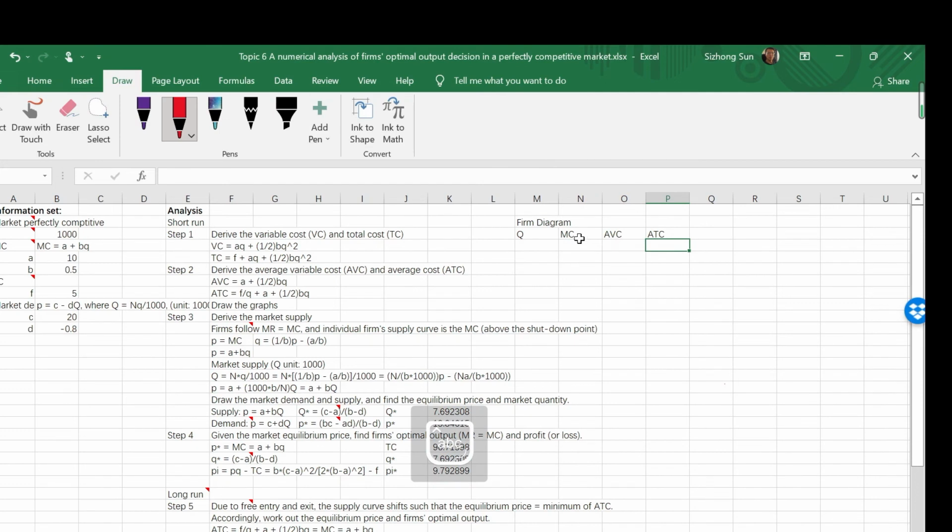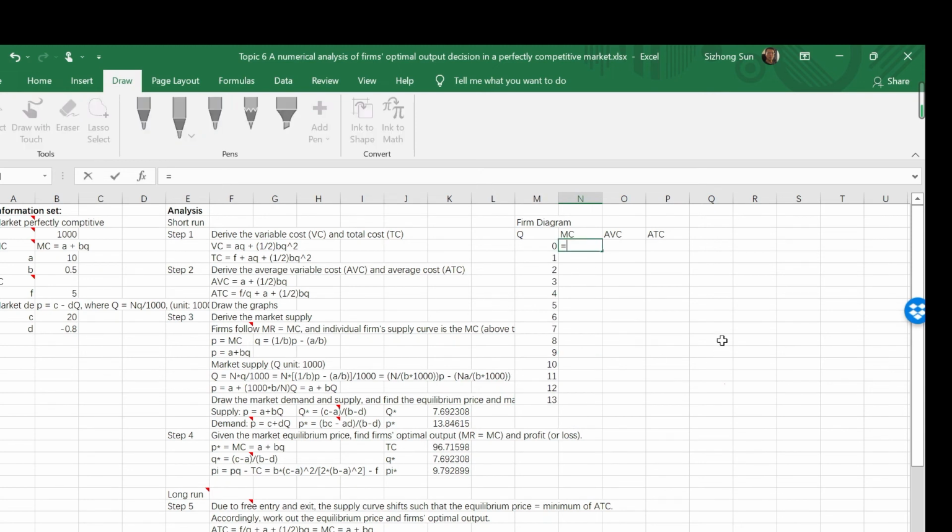Let's draw the curve corresponding to the quantity from, let's say, 0 to 13, suppose. And we can evaluate the marginal cost, which is A plus B times Q. So A, which is B5, plus B, which is B6, times Q, which is N4. So it's 10. Do it for all the other levels.